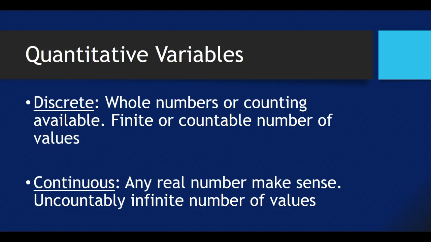Well, somebody might get on the scale and say, well, actually, you're 158.2 or you're 158.21. And so the general rule that I use is that as long as you can add more decimals, then it's a continuous quantitative variable.